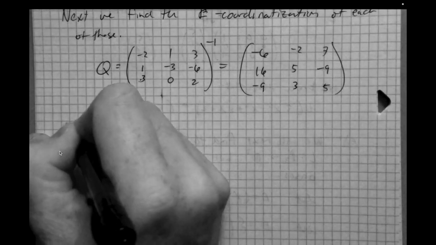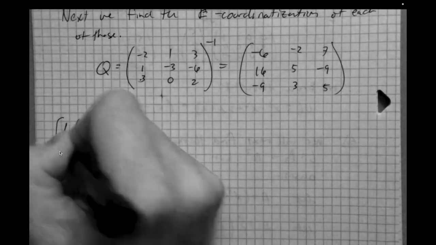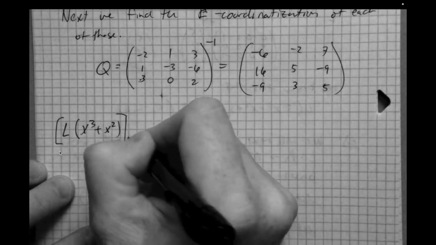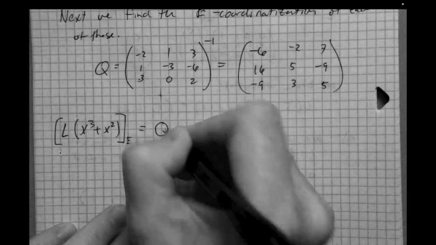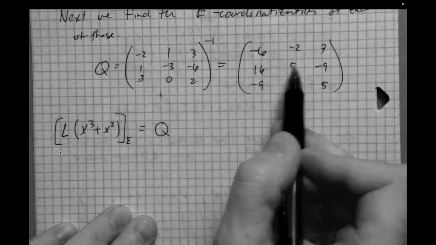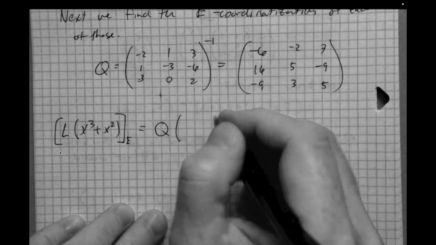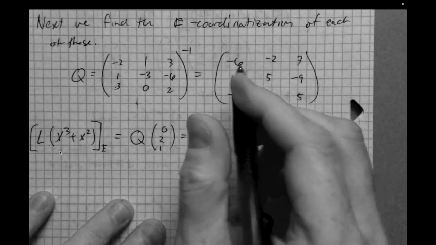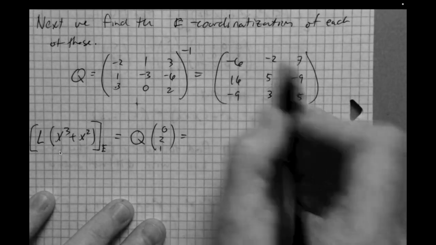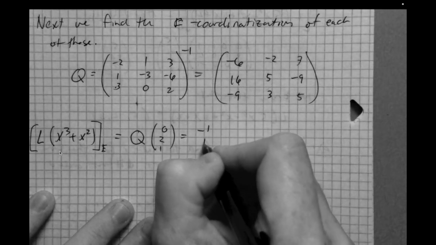If I take L of x cubed plus x squared, what I'm interested in is the E coordinatization of that, which is equal to Q, the inverse of the transition matrix, times the 0, 2, 1 that we got up here. That's this matrix times this 3-vector, and what do we get? We get negative 1, 1, negative 1.